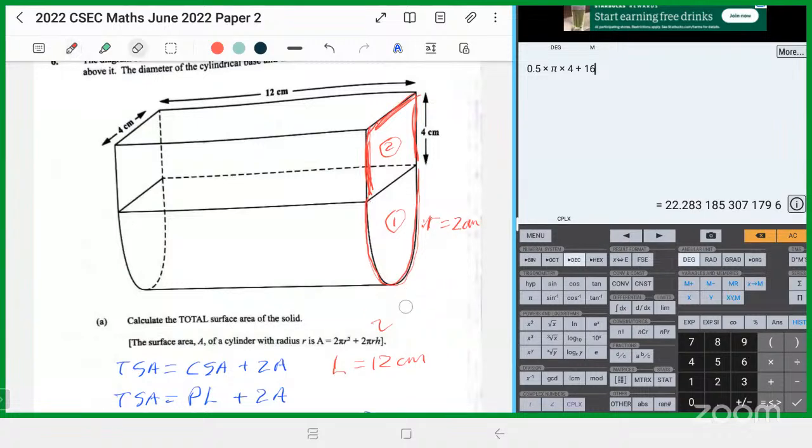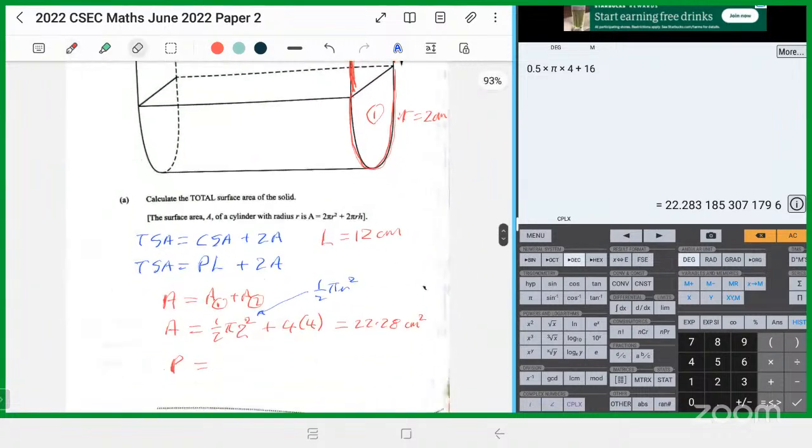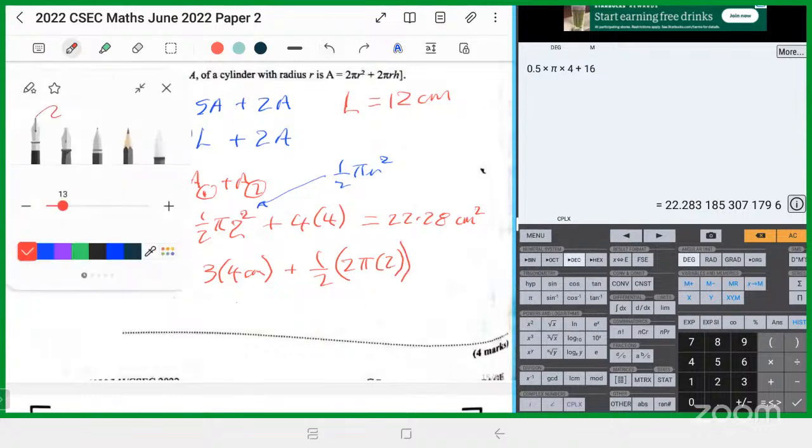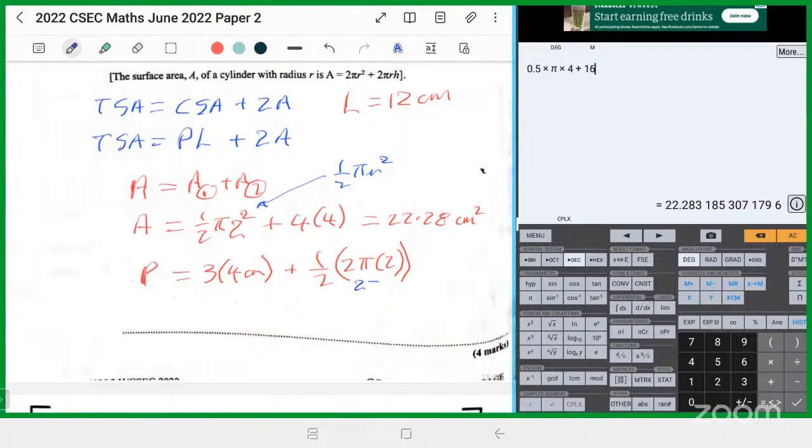It's not difficult, guys. So the perimeter of the end is 3 times 4 centimeters plus half of 2 pi r, and r is 2. This is the half of a circumference, and we'll put this in the calculator.